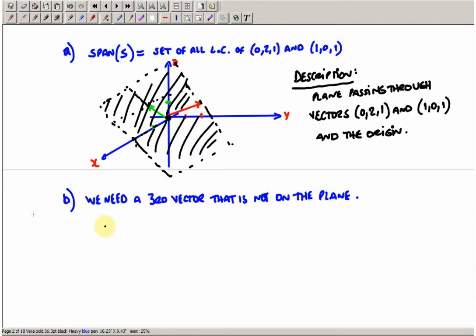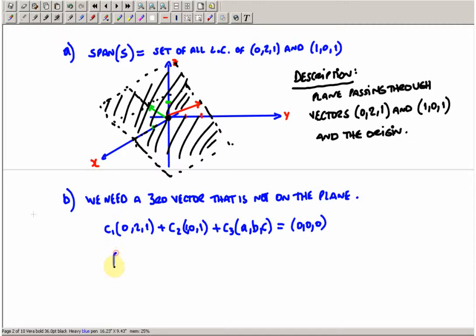In other words, we want three linearly independent vectors, so you can do c1 (0, 2, 1) plus c2 (1, 0, 1) plus c3 (a, b, c), because we don't know the third vector yet, equals (0, 0, 0).